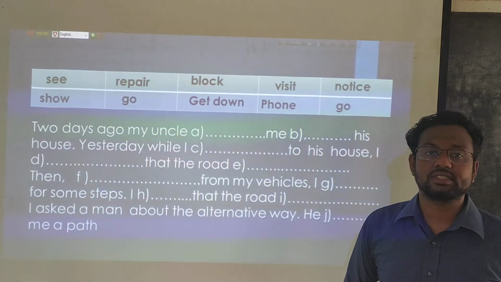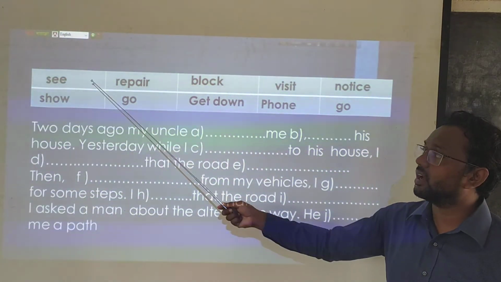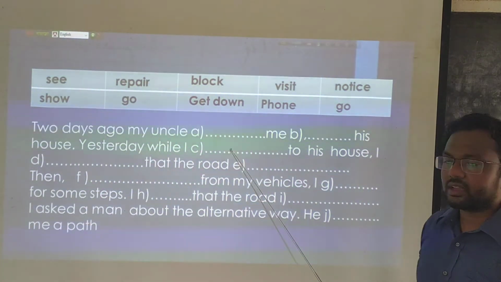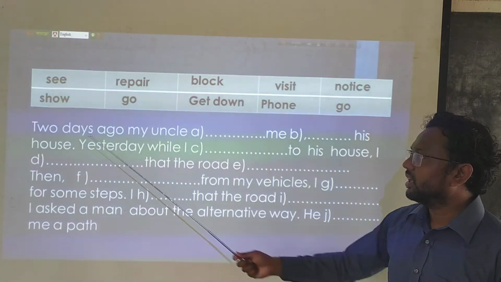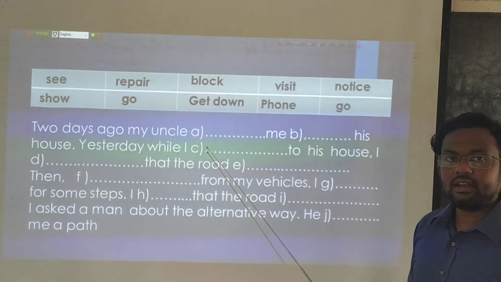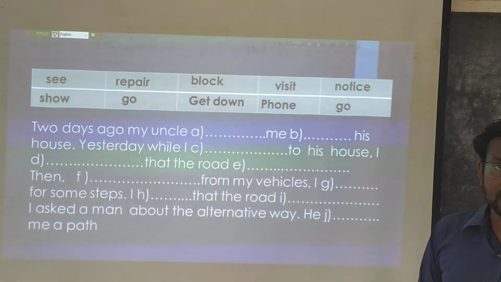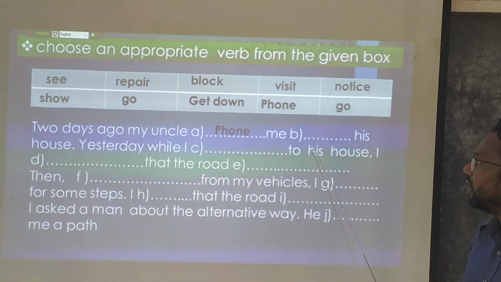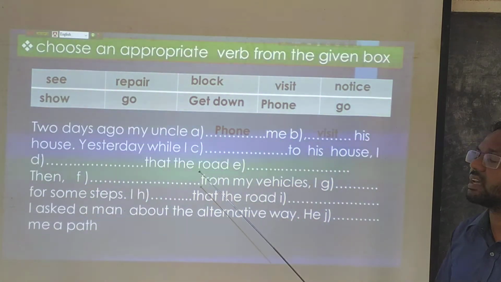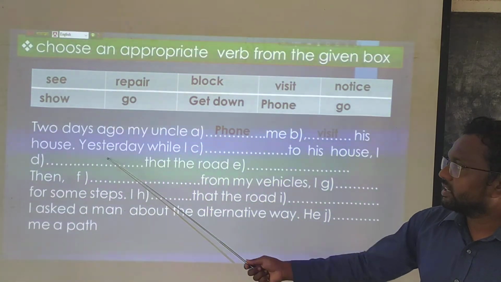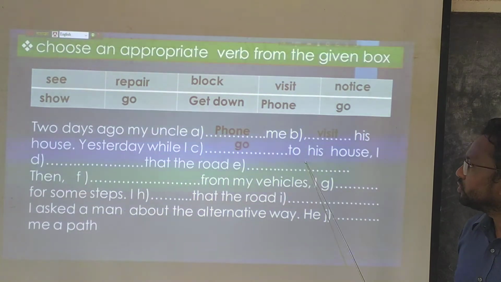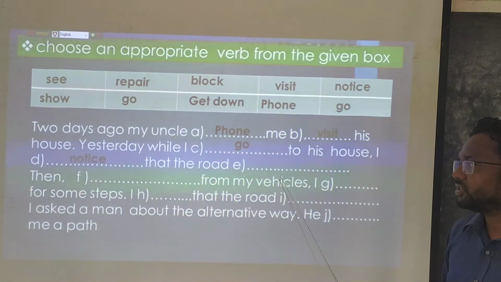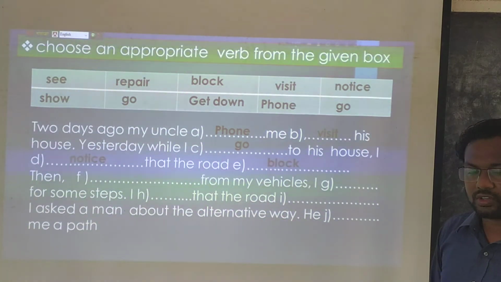Depending on this sense, we have to choose the appropriate verb from the list. From the sense, we come to know that two days ago, my uncle, obviously here we will select the word phoned me. Now this time, visit his house. Again, yesterday while going to his house, I noticed that the road was blocked.